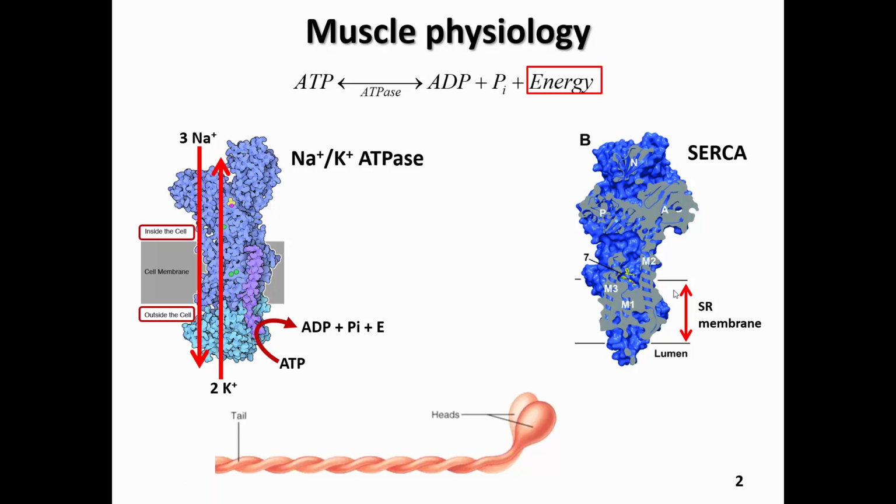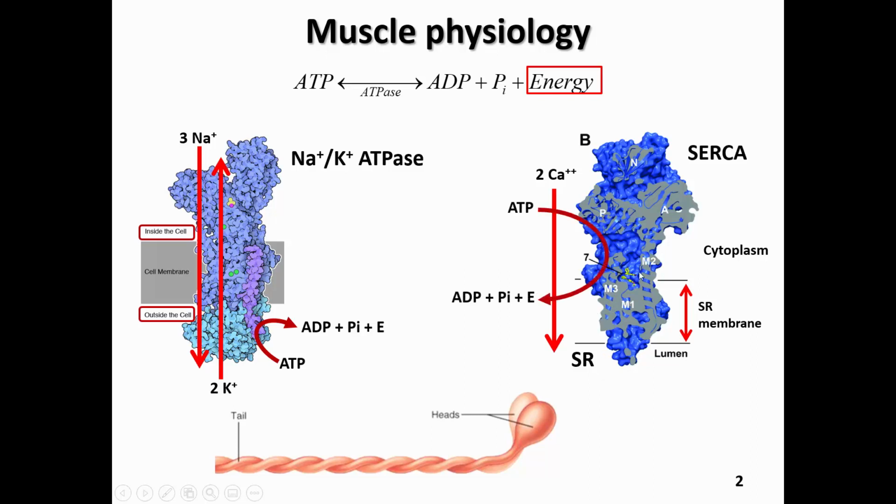So SERCA is an intracellular protein that traverses both the cytoplasm and the lumen of the sarcoplasmic reticulum. And so the function of this protein is to bind to calcium ions in the cytoplasm and to physically move those two calcium ions towards the interior of the sarcoplasmic reticulum.